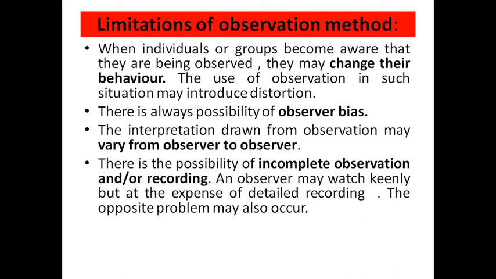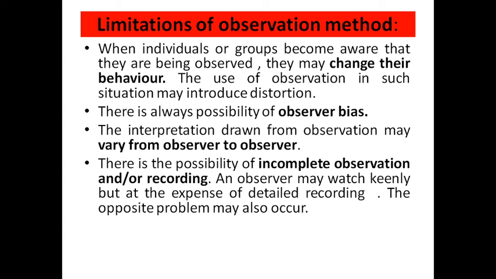Then there is always the possibility of observer bias. The observer may give interest to those things about which the observer is already carrying a strong notion. The interpretation drawn from observation may vary from observer to observer. So this is another problem.